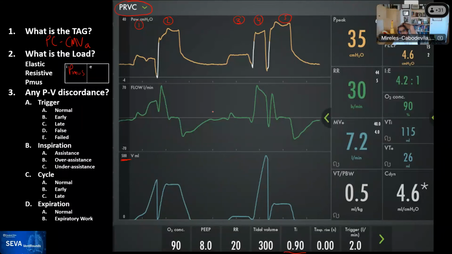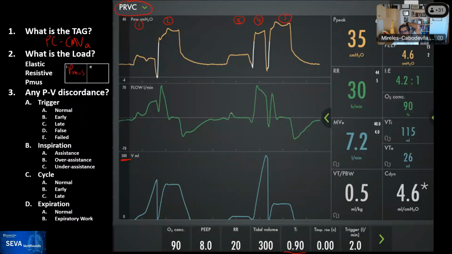And so I'm just saying that this is a breath that seems to be passive. Now, we're going to discuss more about it, but these breaths, if I would ask you, what's the load? What would you say for breath number 3, Arcel, since you have recognized the absence of PMUS there?